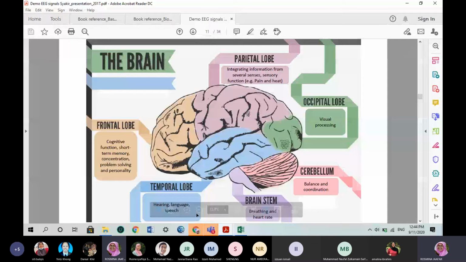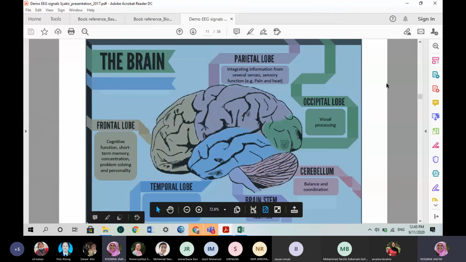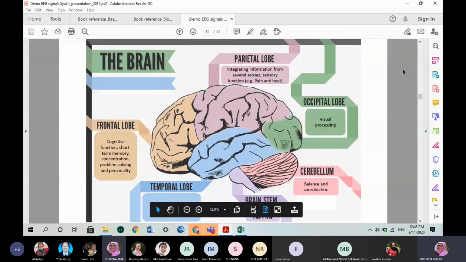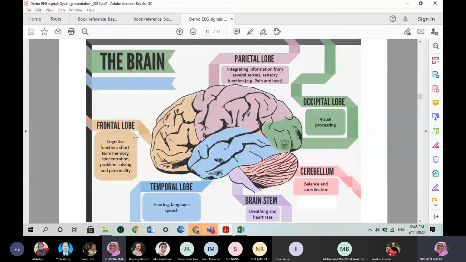Okay, the temporal lobe is responsible for hearing and language, whereas the frontal lobe handles cognitive function and also memory. And the frontal lobe has the motor area.